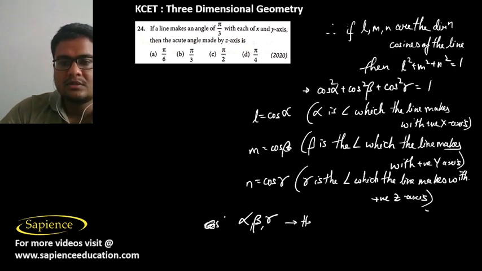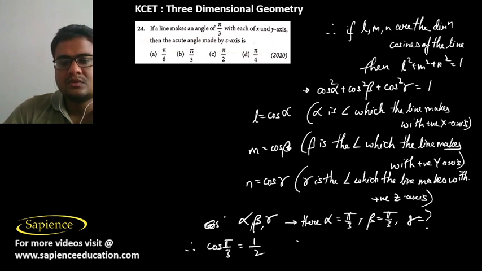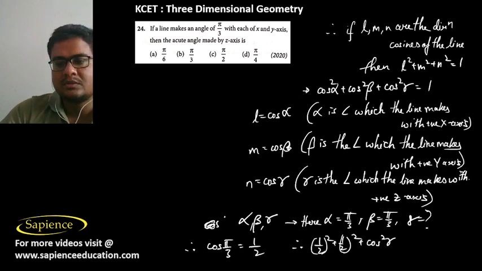Here alpha is given as pi by 3 and beta is also equal to pi by 3. Then gamma is how much? That is being asked. So cos pi by 3, that is cos 60, is equal to half. Now half square plus half square plus cos square gamma is equal to 1.